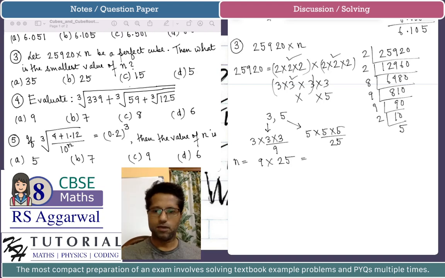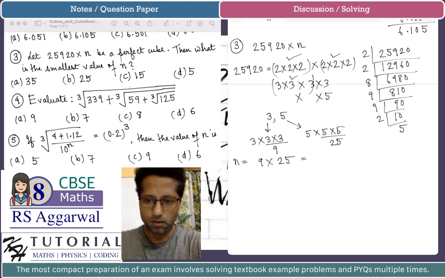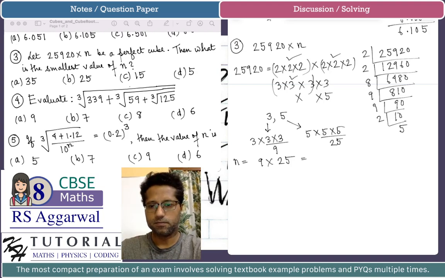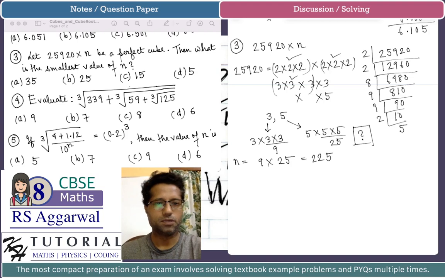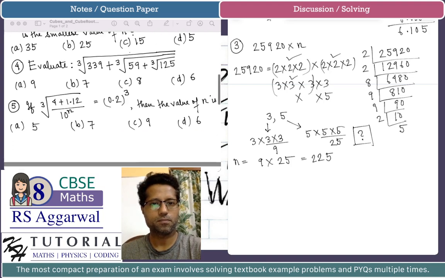So the answer should be 9 into 25, that is 225. But it is not there in the choices. Okay, I am putting a question mark. I will come back to this problem later on. Let's move on to the next question.